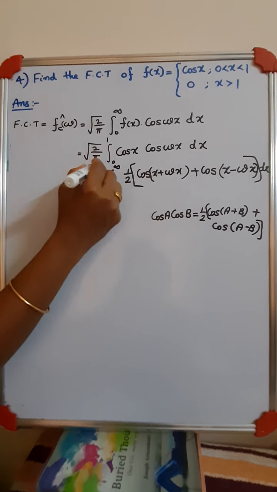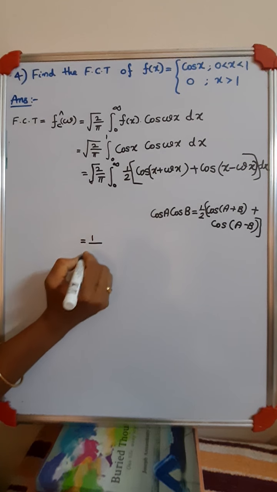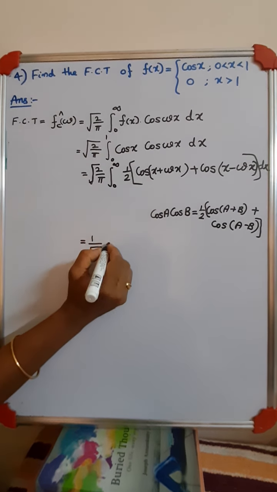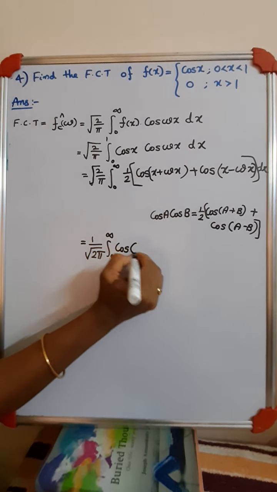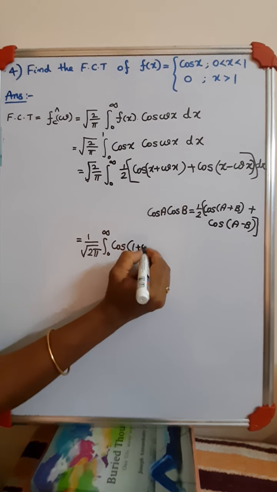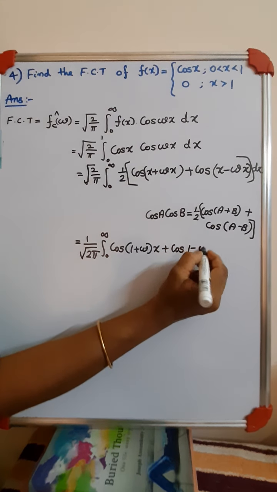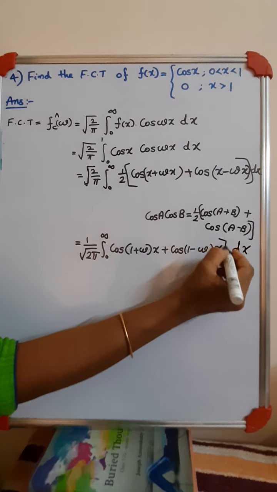And that is equal to root 2 and 1 by 2, 1 by root of 2 pi. We can cancel root 2 and 2. Integral of cos, then x is the variable, so we can take x outside, cos of (1 plus omega) into x plus cos of (1 minus omega) into x dx.